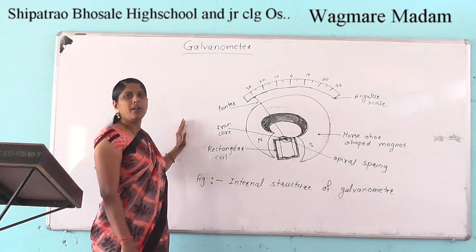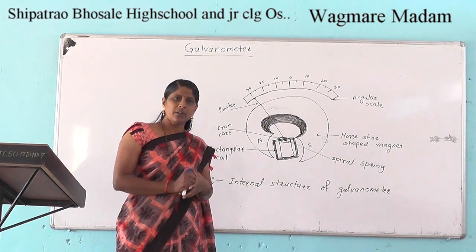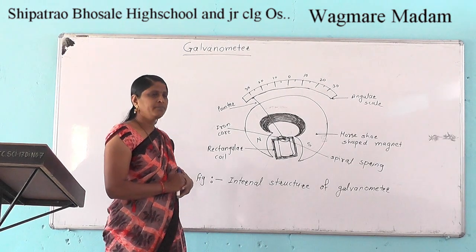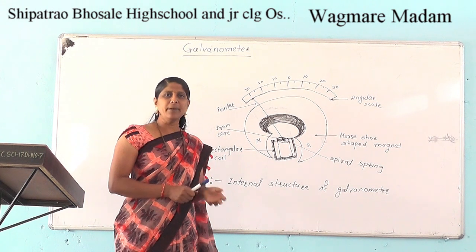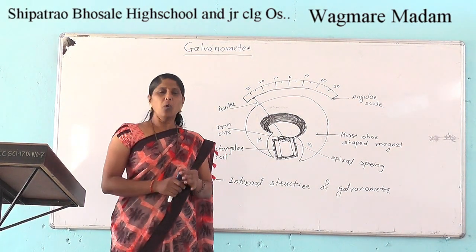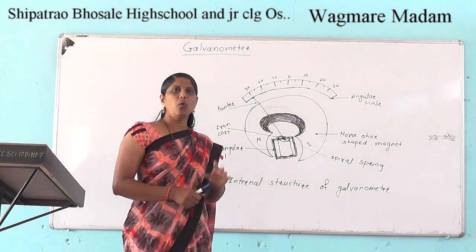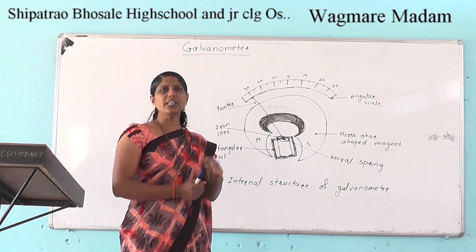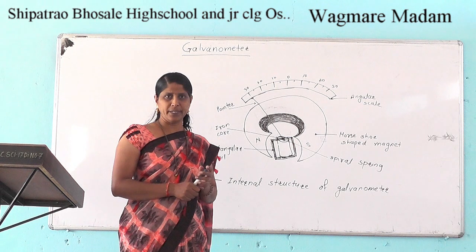Now this galvanometer is used for different purposes in our practical lab. This galvanometer can be used as an ammeter, and it can also be used as a voltmeter. In today's lecture we will discuss how a galvanometer can be used as an ammeter or as a voltmeter.